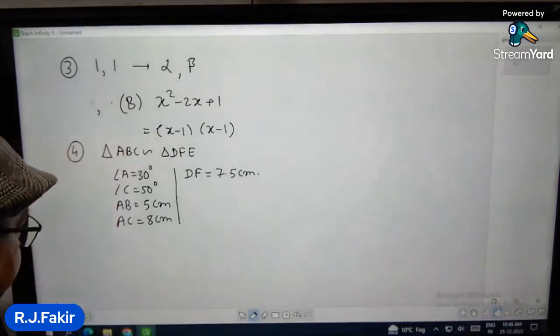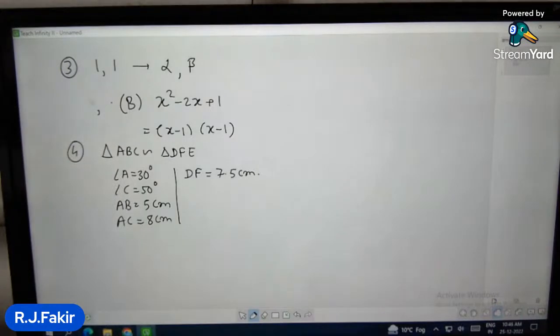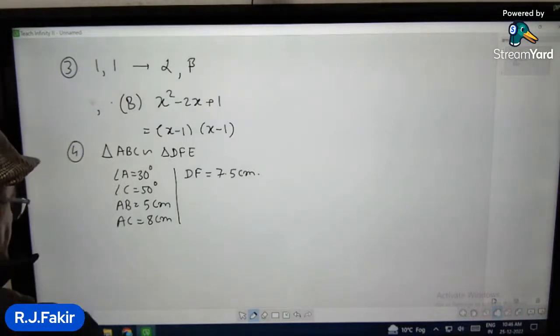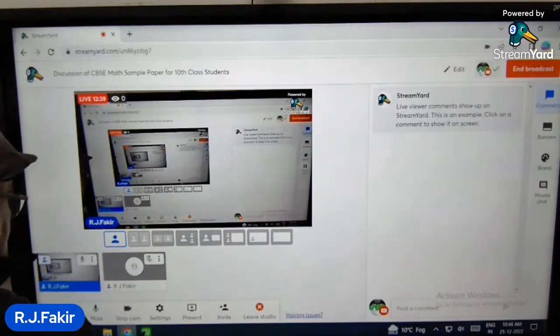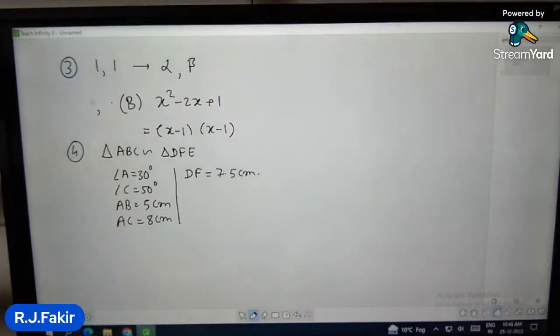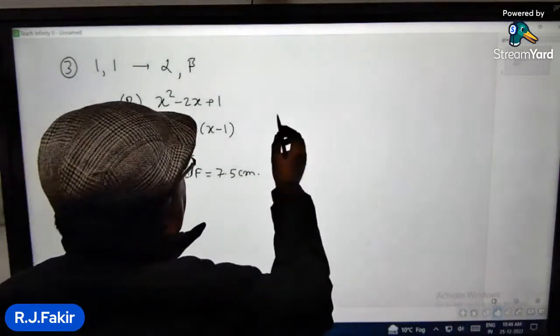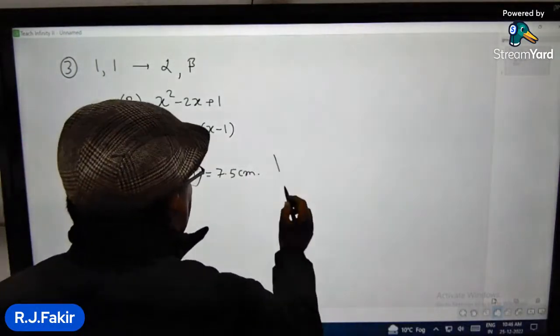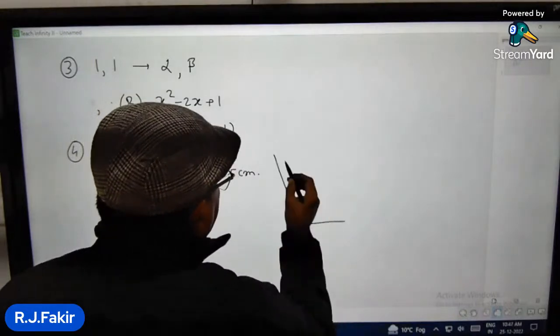So by using that property, or there is another simple way, you can draw the sketch of triangle ABC and DEF. Then it will be easier for you to understand.